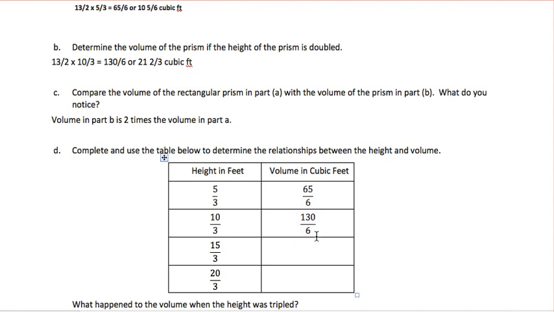If the height is doubled to 10/3, our volume was doubled to 130/6. Notice the denominators are not changing. If our height triples from 5/3 to 15/3, then our volume would triple as well to 195/6. And then if our height quadruples, we would have 260/6.